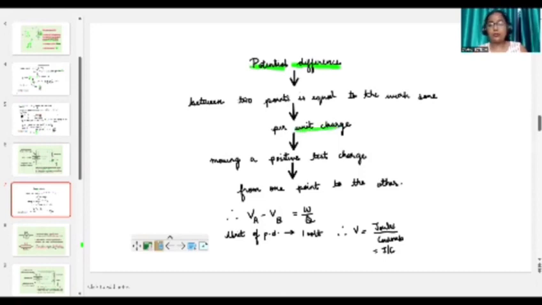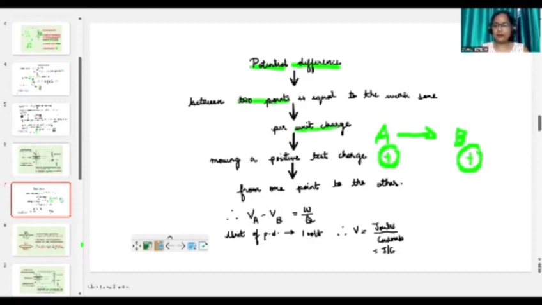But how? Between 2 points. For example, A and B are the 2 points. So, potential difference is the work done in moving a per unit charge from one point to the other point.